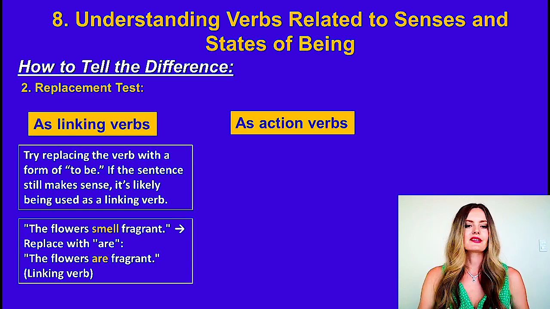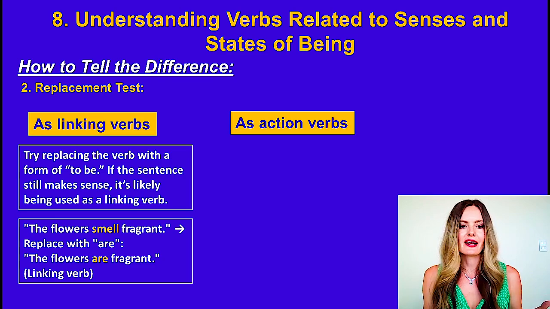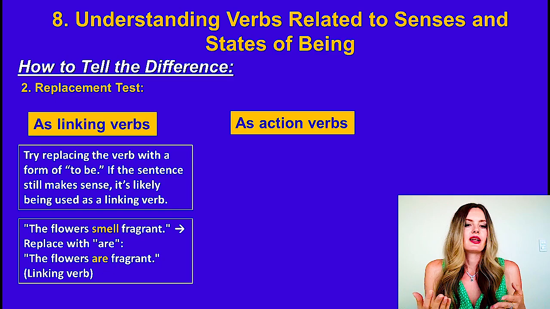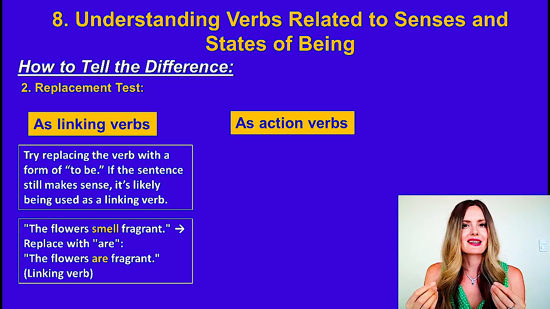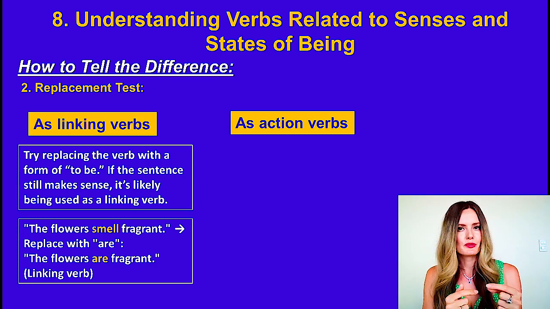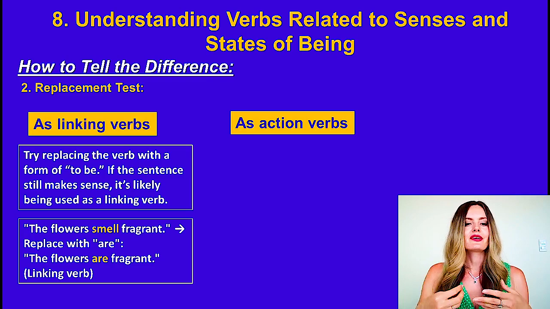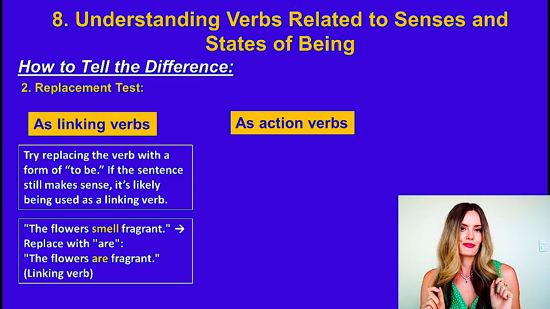The flowers are fragrant. It still makes sense, right? The flowers smell fragrant and the flowers are fragrant. If the sentence makes sense after replacing the verb with the form of the verb to be, which is are, it's a linking verb. The flowers smell fragrant, so smell is a linking verb.